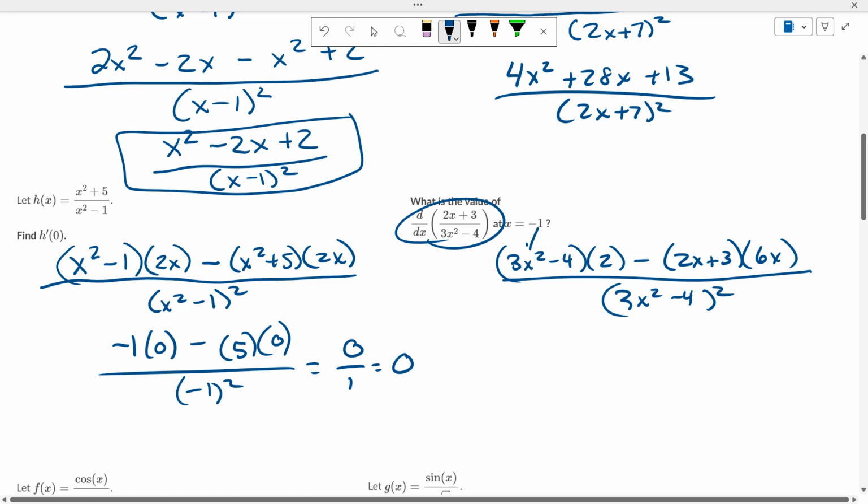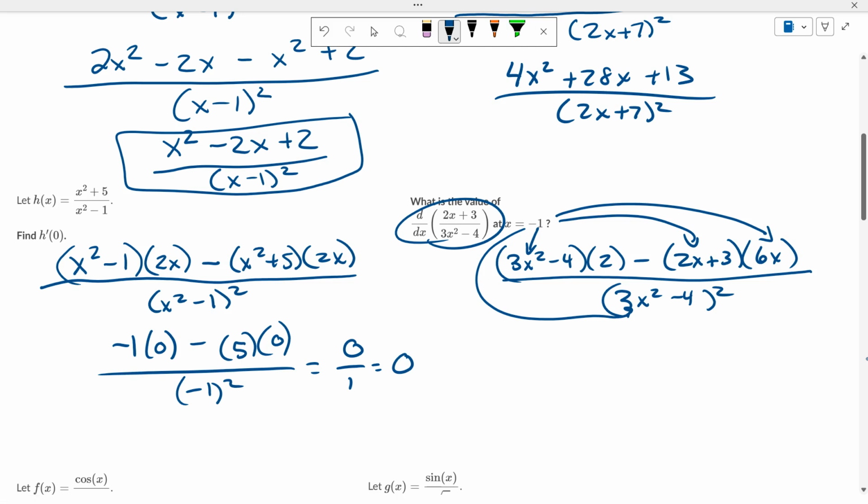So if we put in a negative 1 in each of these x's, negative 1 squared is 1. 3 times 1 is 3 minus 4 is negative 1. Negative 1 times 2 is negative 2.